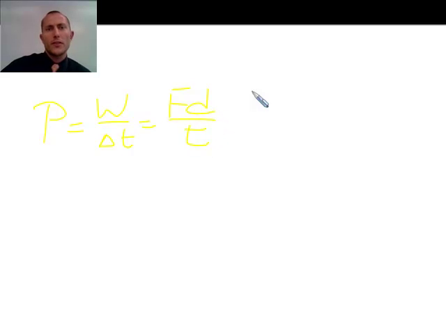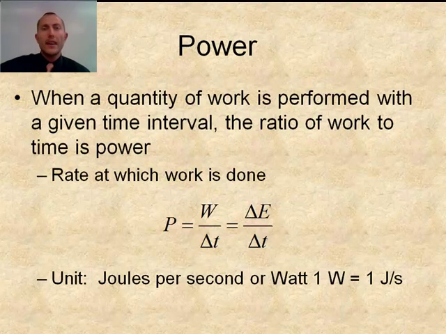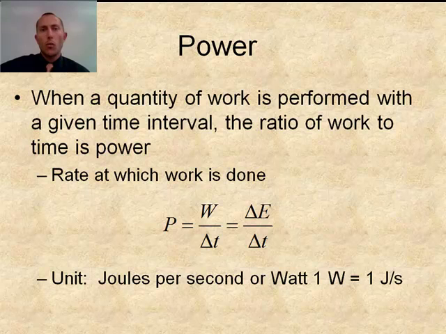And so looking at it from this respect, if you have an object that's traveling at a constant velocity, that velocity can be described as d over t, and so when we have objects traveling at a uniform velocity, we can also find the power by multiplying the force times the speed of that particular object, or FV. And again, the units for power here are watts.